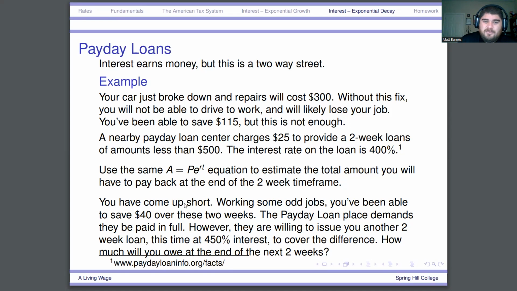We got to crunch some numbers here. So we were able to pay off 40 of it. We had to pay 25 to get our actual loan again. So now we're left with just $15, and we have to pay back 210 from up here. And so we have to borrow another, I think, $195 on top of that, to pay off our first loan.